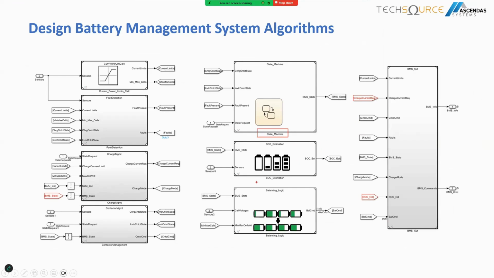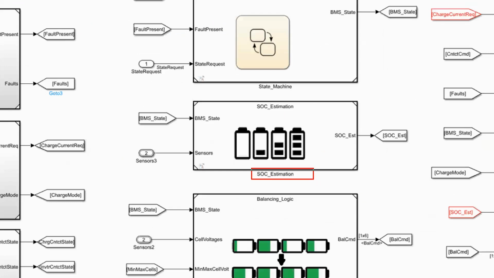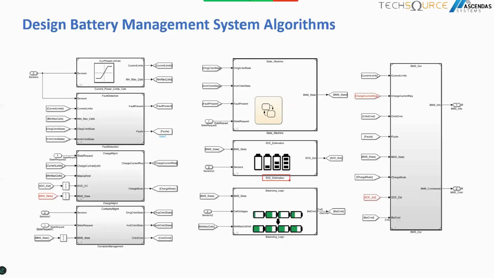You also have state of charge estimation, allowing for example Coulomb counting or extended Kalman filter applications, which can be validated here in this software and then deployed in the hardware later on.